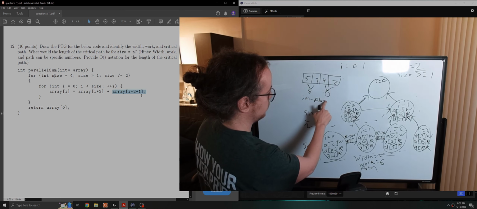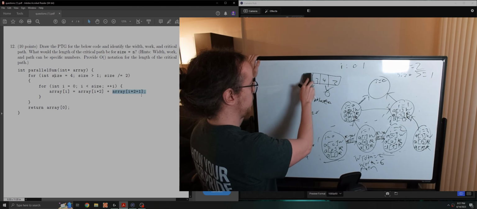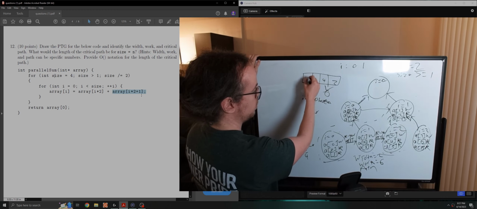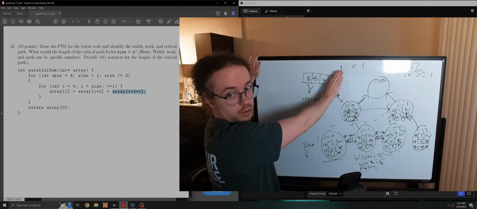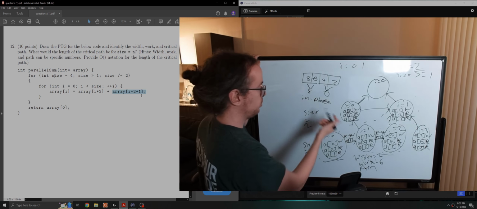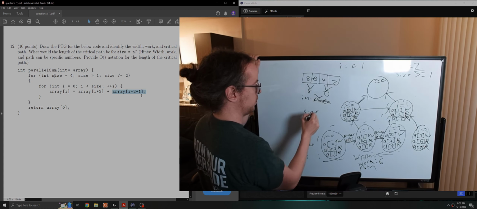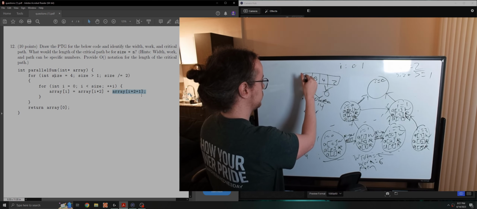So we come through and we erase 5 and 3 and write 8 and 6 here. And we're just ignoring the rest of this array for the time being. Then when you do the next iteration, you do 8 and 6, and you get 14, and that would go here.